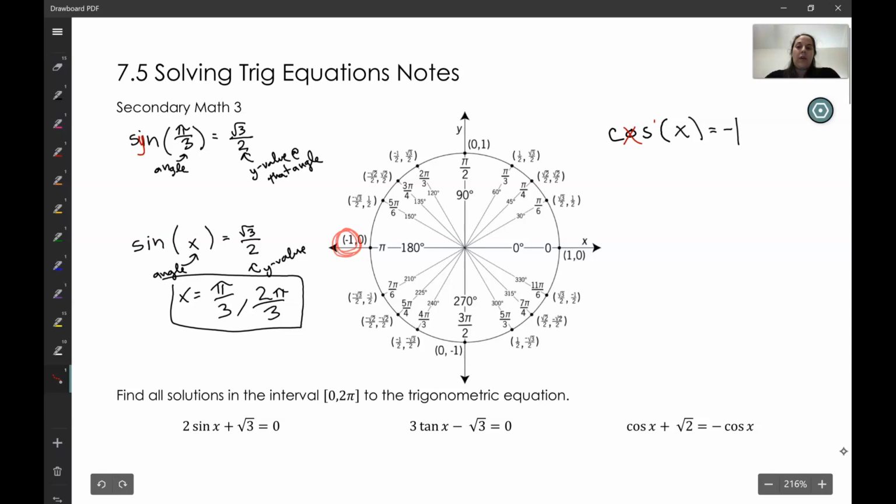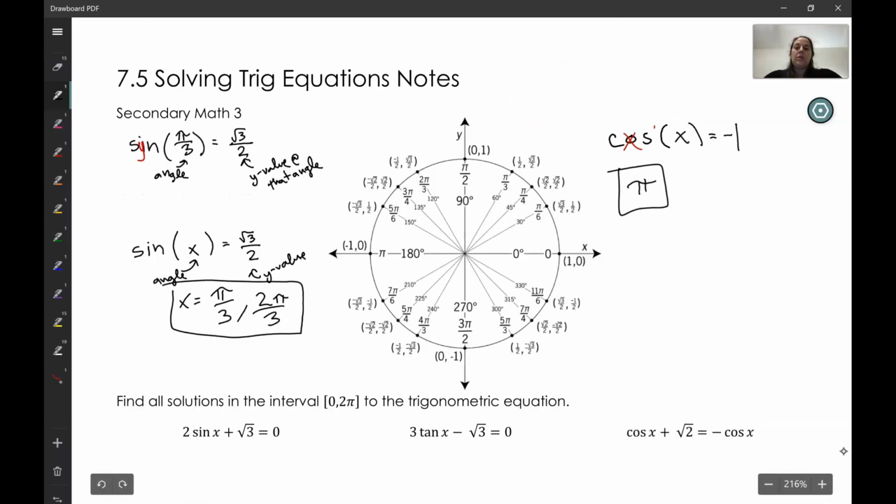Well, that happens right there. The angle is pi or 180. Well, is there any other place on the unit circle that has an x value of -1? There's a +1, but that doesn't count. It has to be exactly the same. So this is the only angle that fits that problem. So this one only has 1 answer.